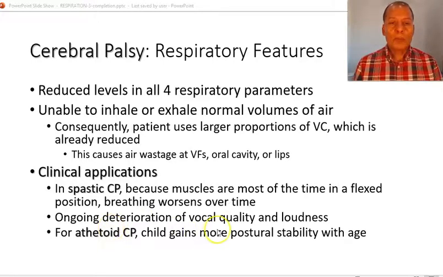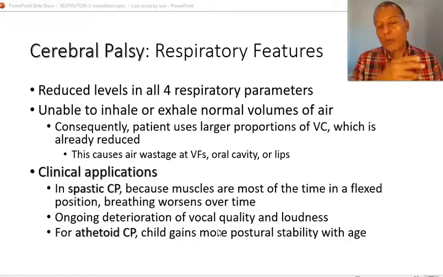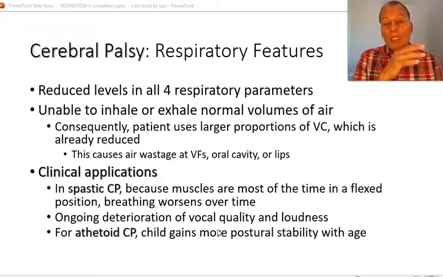Also, vocal quality and loudness are affected by that deterioration as the person continues to speak. For example, at the beginning they are at the best that they can be.